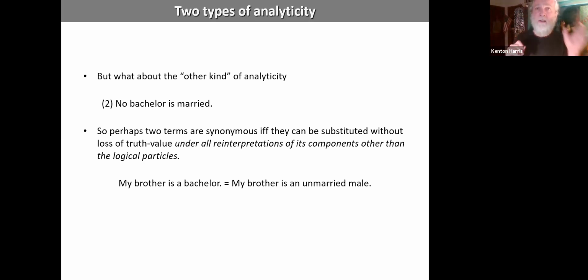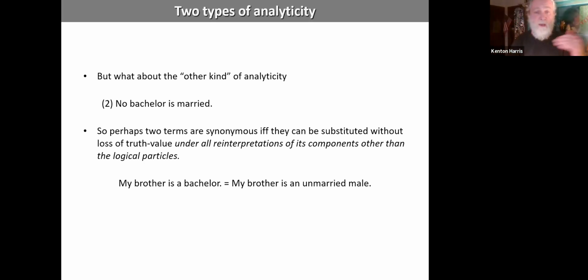If I can substitute one term for the other, and no matter how or under what circumstances I substitute the one term for the other, I save the truth value such that it's always true. So if it's true my brother is a bachelor, then it's also true that my brother is an unmarried male. And if it's false that my brother is a bachelor, it's also false that my brother is an unmarried male, and vice versa.